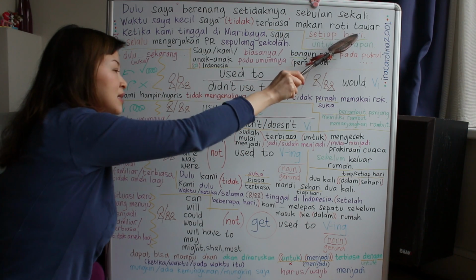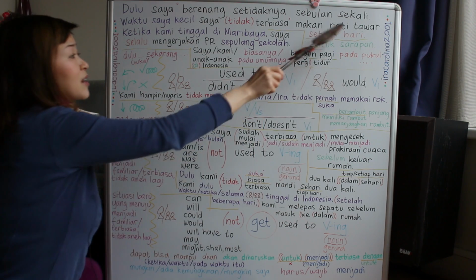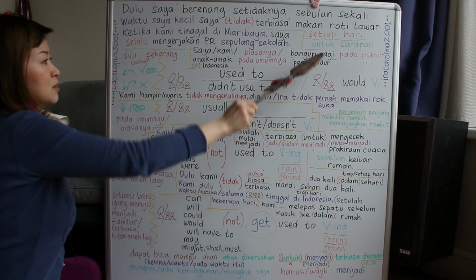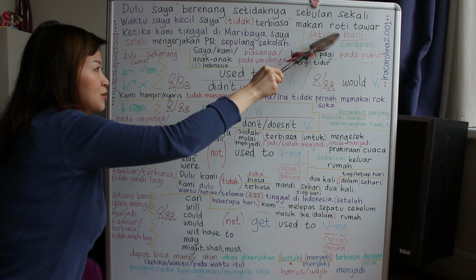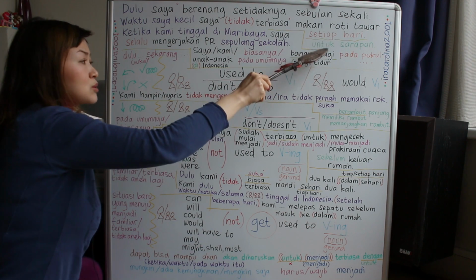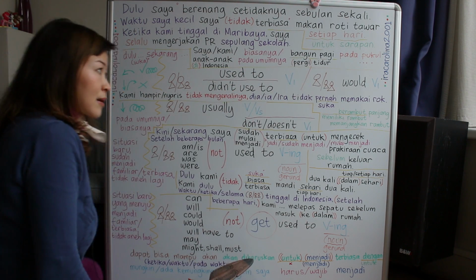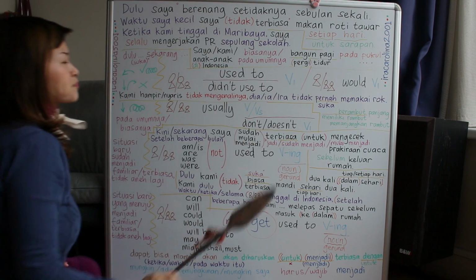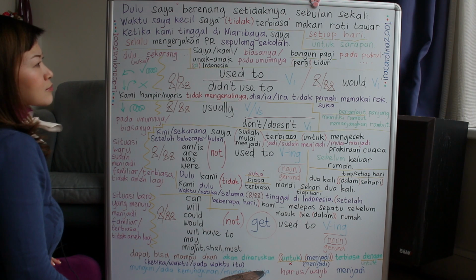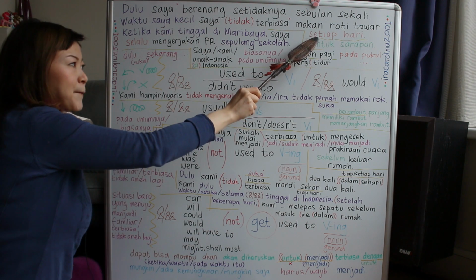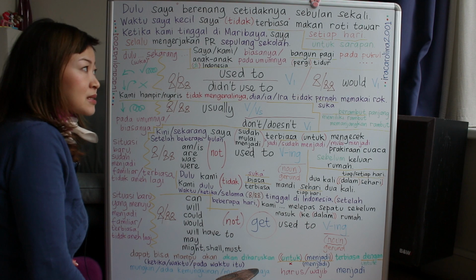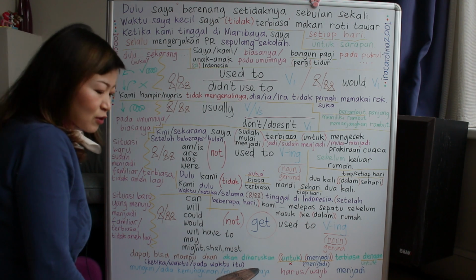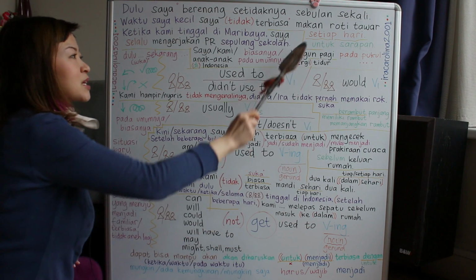Setiap hari, every day. Or we don't use these words, but we use untuk sarapan, for breakfast. Setiap, tiap is every, but sometimes we also say every with setiap.